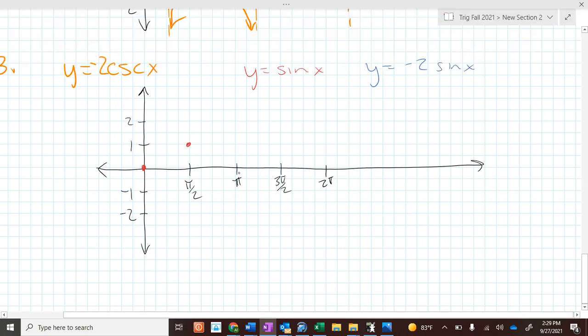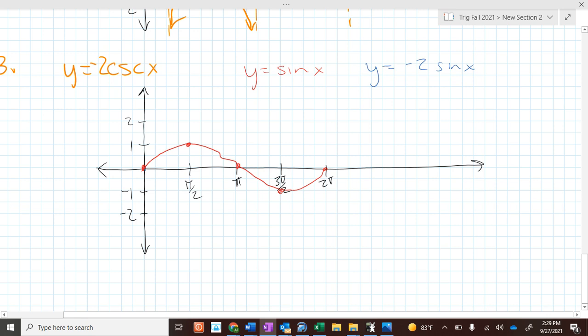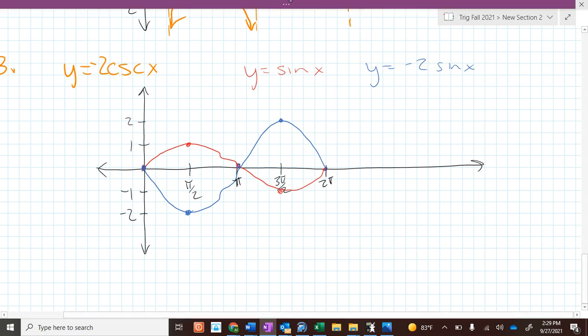Zero, 1, 0, -1, 0. -2 is 0, -2, 0, 2, 0. So this looks like some screwed up DNA.